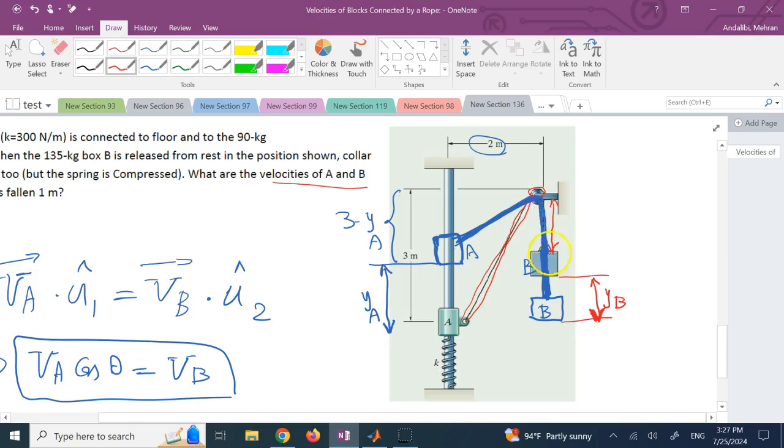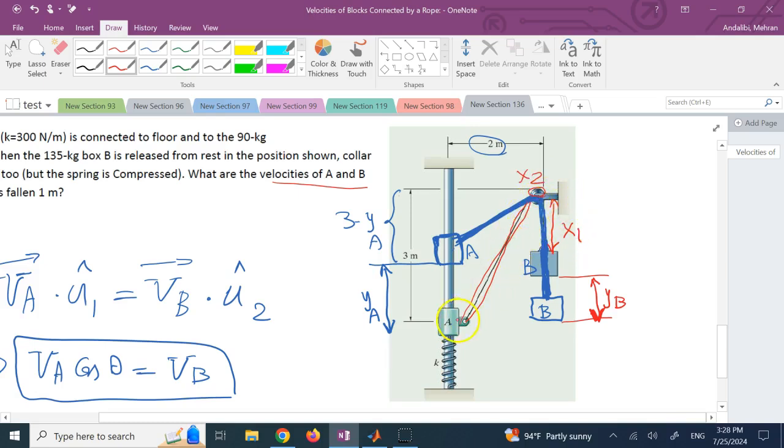Now that distance, I don't know how much it is. Nowhere in this problem it's given to me, so I just call it X. And this one around the pulley, let's call this X1, call that X2. So X1 and X2 are the distances I don't know.